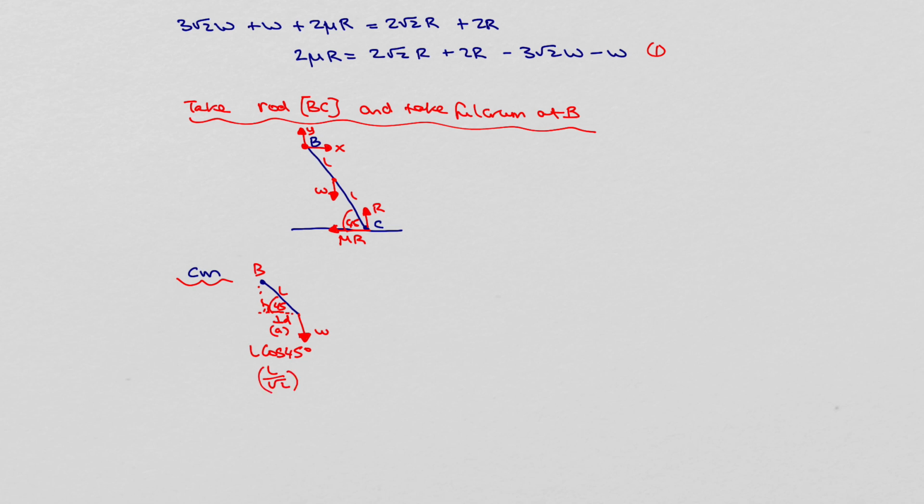If I look at mu R then, mu R is acting along in this direction here. That's the angle 45. So again, the perpendicular distance this time is going to be the opposite, and the opposite is always going to be h sine theta. And 2L sine 45 is 2L over root 2.